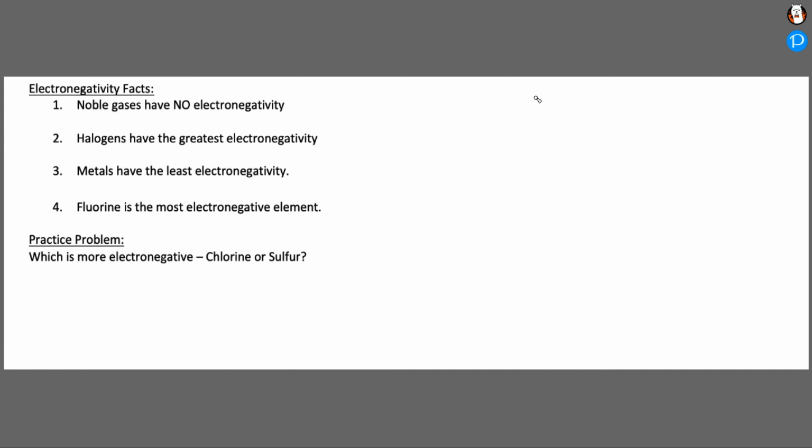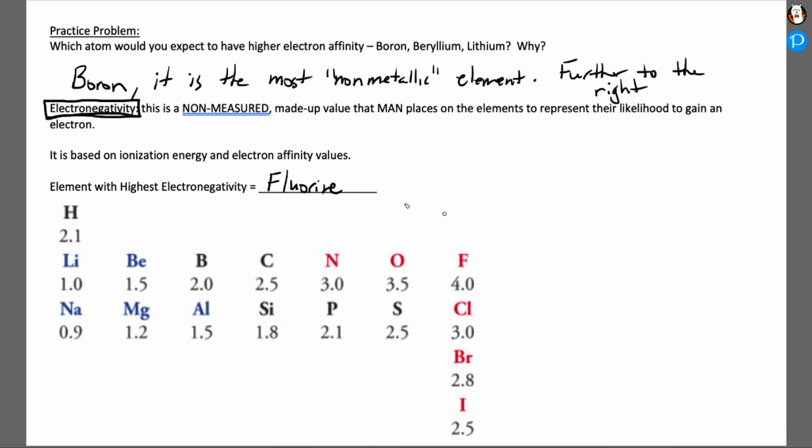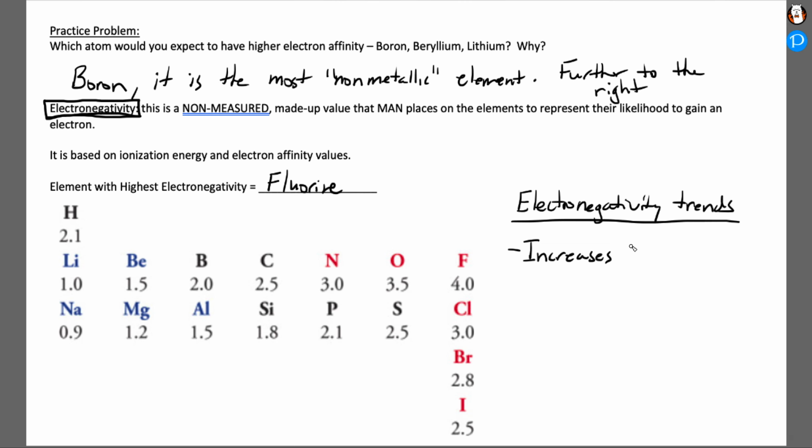So the trend for electronegativity. Let's write that right here. Electronegativity trends. So we're going to say that electronegativity increases from left to right across the periodic table.